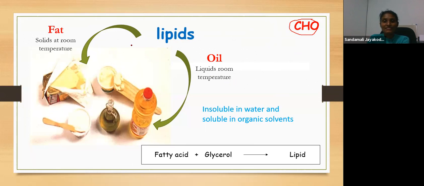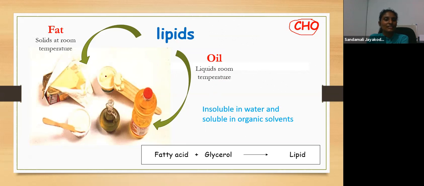Fats and oils are two groups of lipids we can find easily in a kitchen. Fat is the thing which is solid at room temperature. Oil is the thing which is liquid at room temperature. Olive oil and coconut oil, all of these things are oils, they are liquids. So they are lipids which are oils.